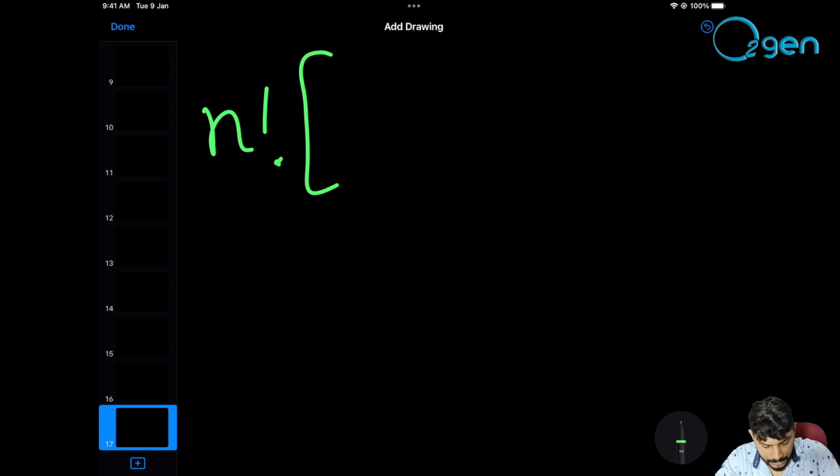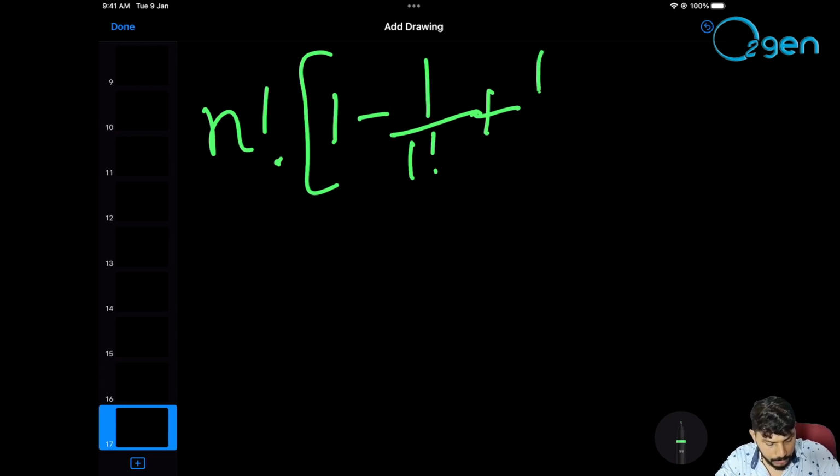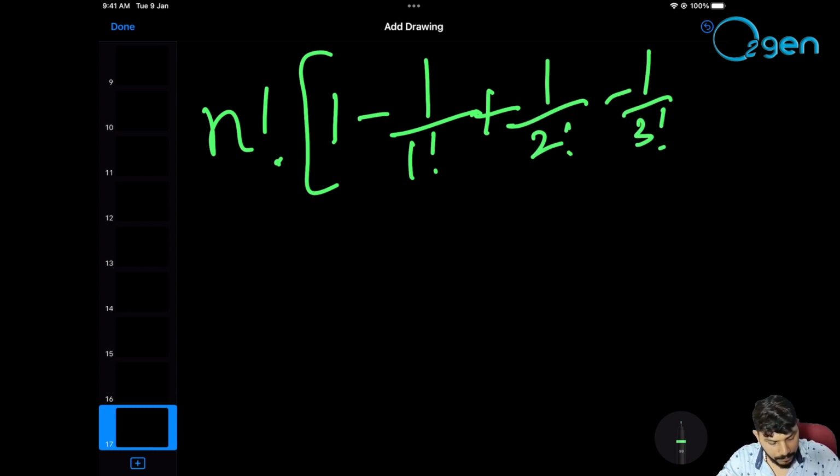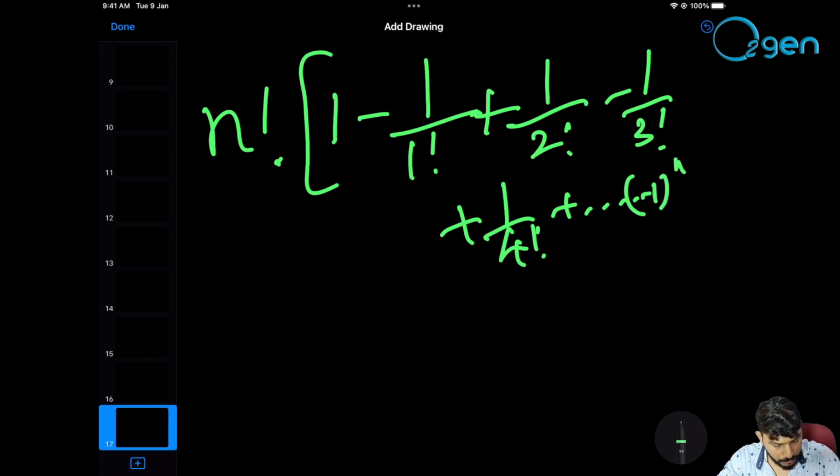The formula is n factorial into 1 minus 1 by 1 factorial plus 1 by 2 factorial minus 1 by 3 factorial plus 1 over 4 factorial, and so on up to minus 1 power n into 1 by n factorial.